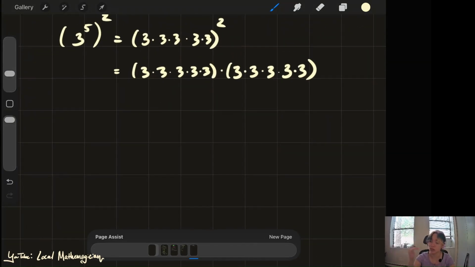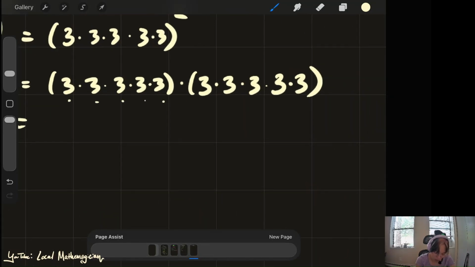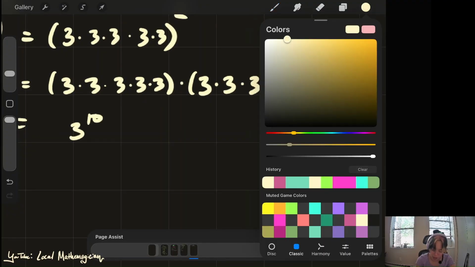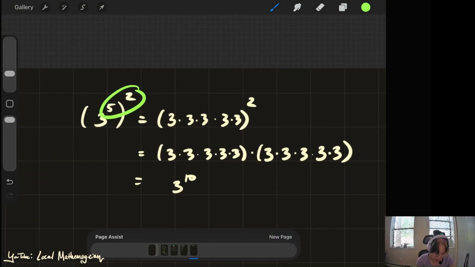And now we count. 1, 2, 3, 4, 5, 6, 7, 8, 9, 10. All right, and this gives me 3 to the 10th, which just so happens to be 5 times 2.